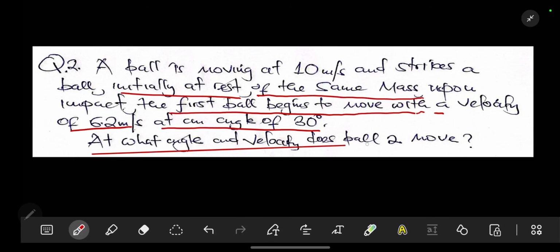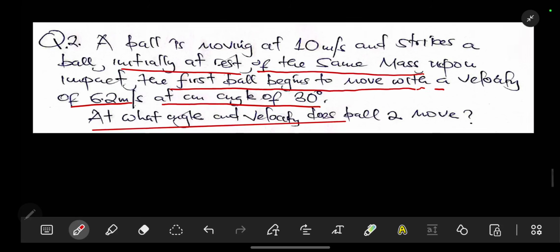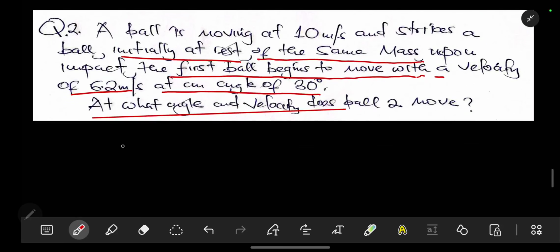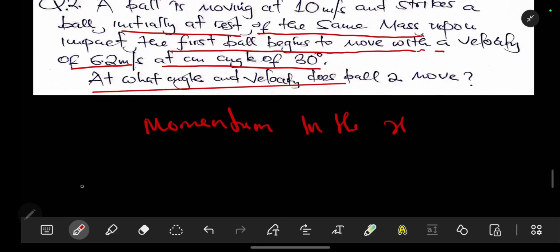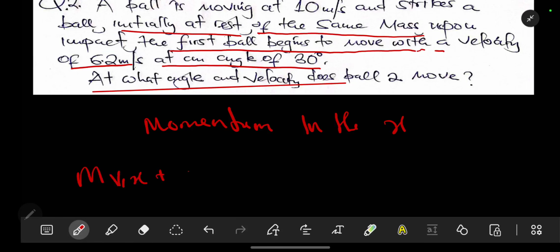If we were provided with a perfectly elastic collision, we expect it to be 60 degrees, but if we are not given that, there is a chance that it might be something that is not even 60. So let's try out this one. So we have momentum in the x. We are going to say m v1 x plus m v2 x.